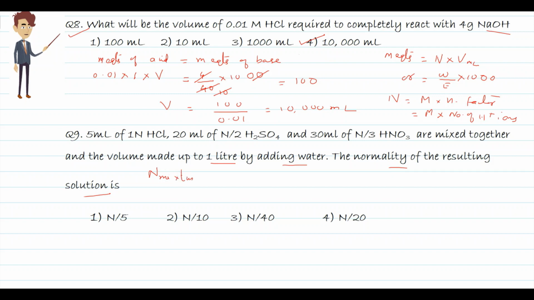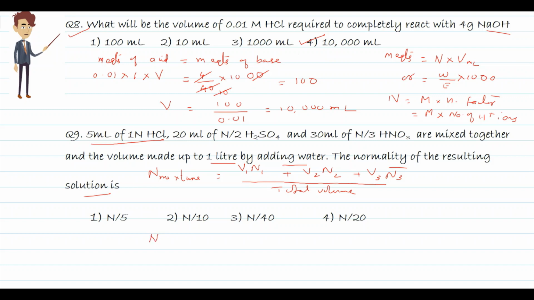Mixing equation means normality of mixture is equal to V1 N1 of first solution plus V2 N2 of second solution plus V3 N3 of third solution divided by total volume. Here the first solution is 5 ml of 1 normal HCl.